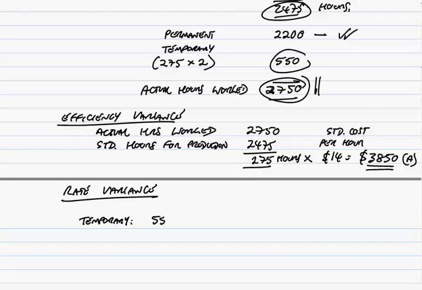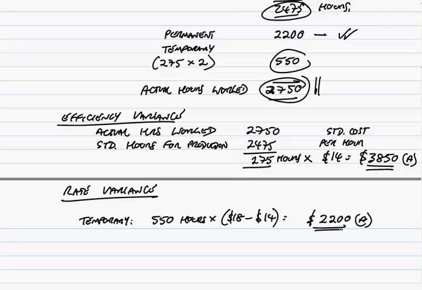There were 550 hours. They were paid 18. They should have only been paid 14. There's where we lost money. $4 an hour on 550 hours is what? 2,200.